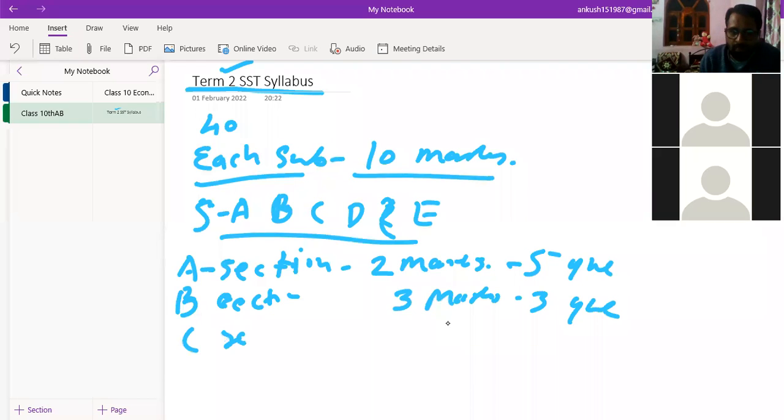Section C would have in total 2 questions, that is question number 9 and 10, and they will be carrying 5 marks. How many questions? 2 questions.